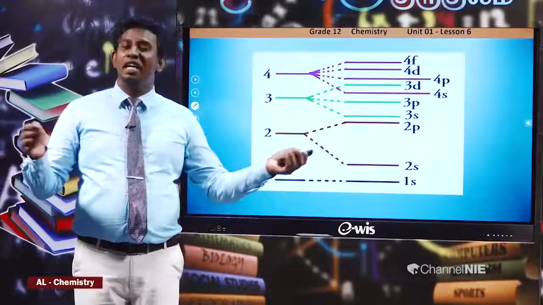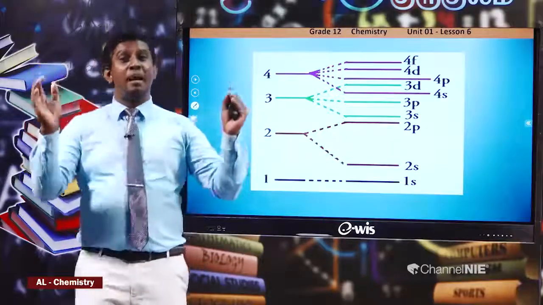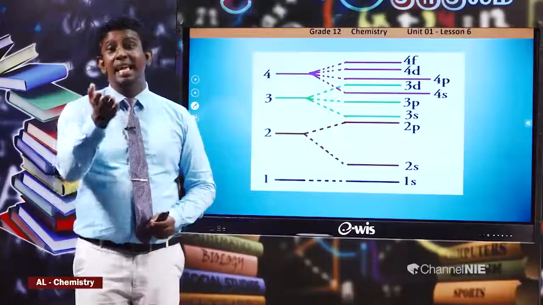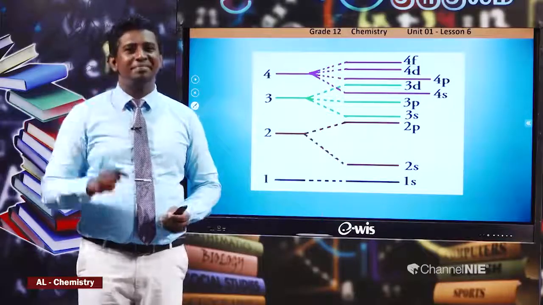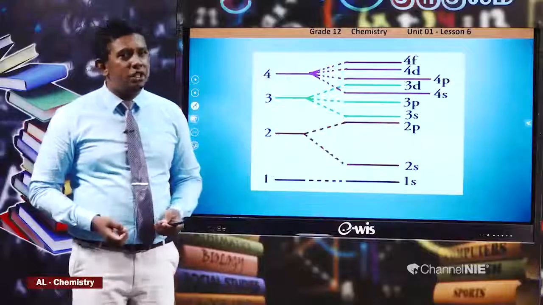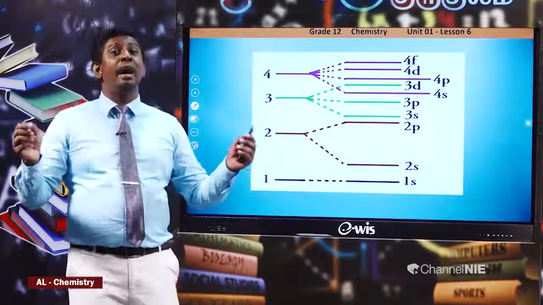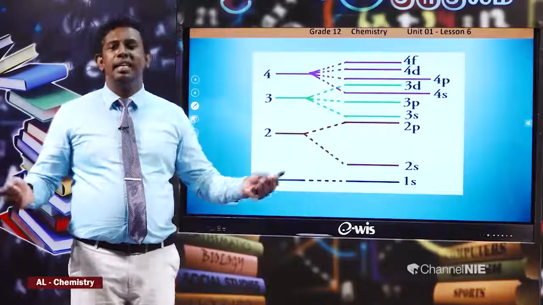As I have already mentioned, the first shell consists of one subshell only, the S subshell. Let's call it 1s. It has one atomic orbital, spherical in shape, the S atomic orbital. Then, having three atomic orbitals with dumbbell shapes, you have the P subshell as well, in addition to S, within the second shell.